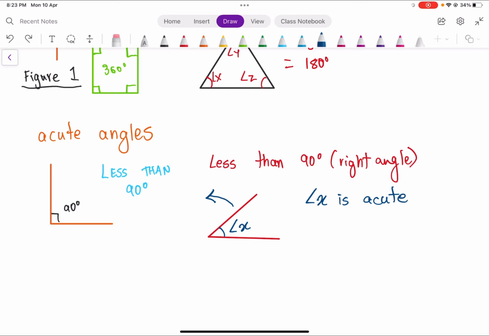Oh, I should have used red. So it would only be right if it was perpendicular, meaning standing up straight. So our angle over here, angle X, must be acute.